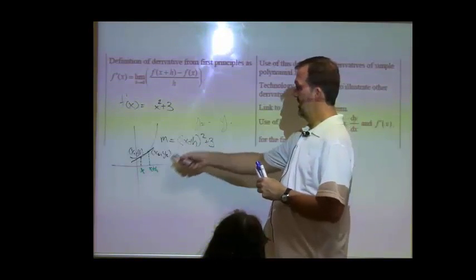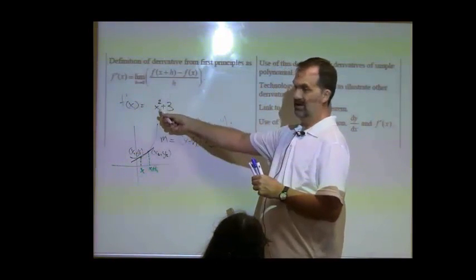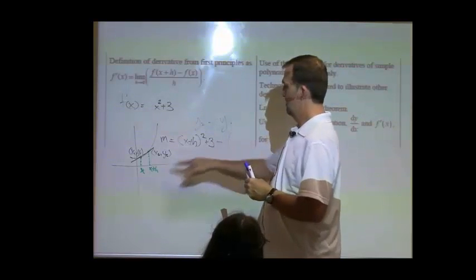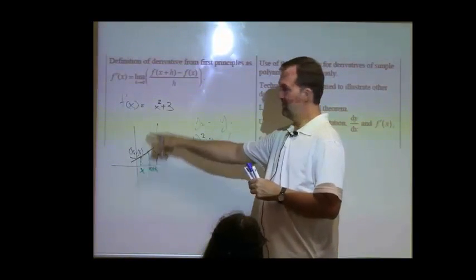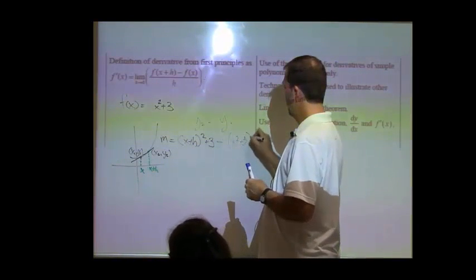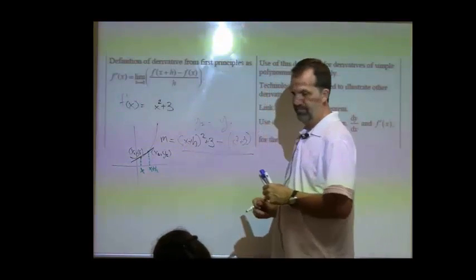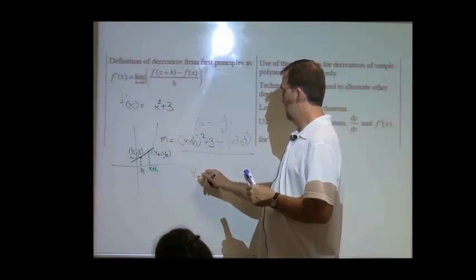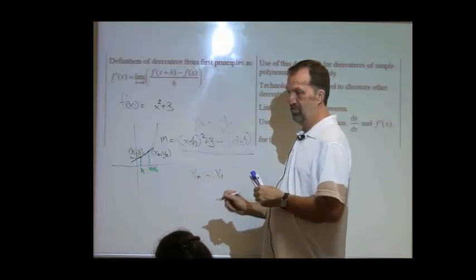So there's y2. I put this x value into the function. And then I'm going to subtract putting x into the function. So I just have x squared plus 3 divided by, we subtract the x values on bottom.